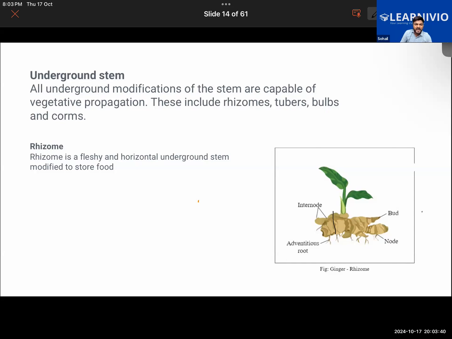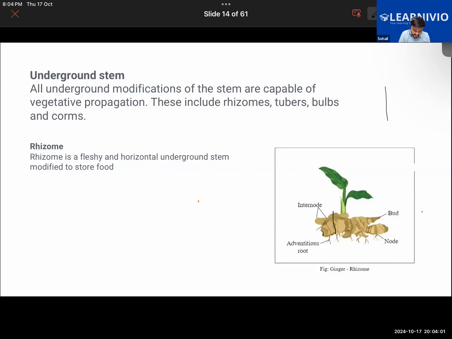Apart from that, it acts as a pillar of the plant, in which all the branches and all the parts of the plants are attached to the stem, basically. Right? The branches are attached to the stem. So it acts as a pillar, plus from the stem, transportation of food and water and minerals takes place.